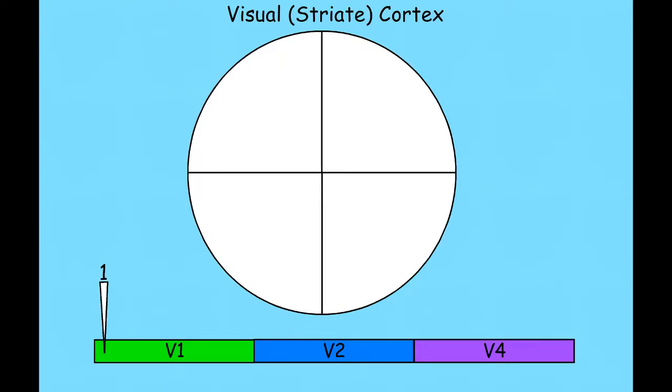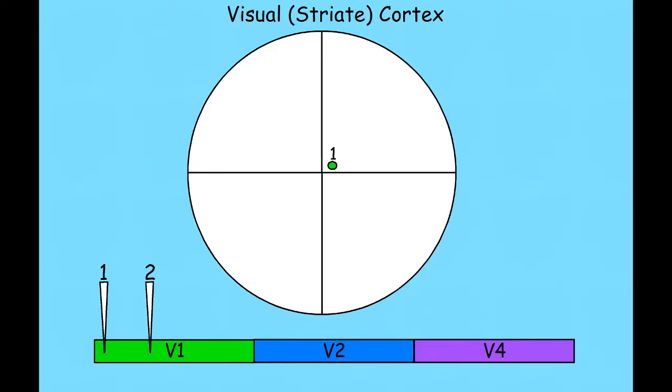So if we were to say hit this cell here, cell 1, and it was right there close to the fovea, then we'd find that the representation is pretty high resolution. So that cell represents a really pretty small area of our visual field.